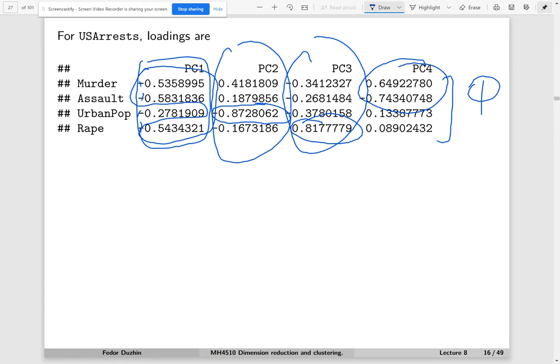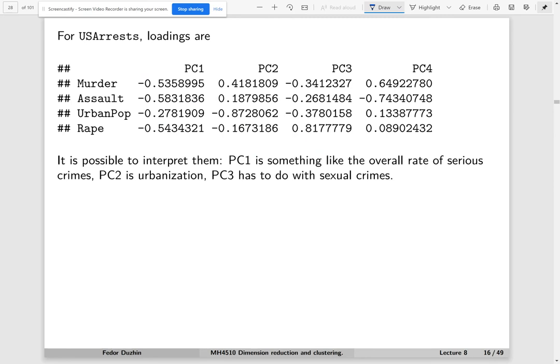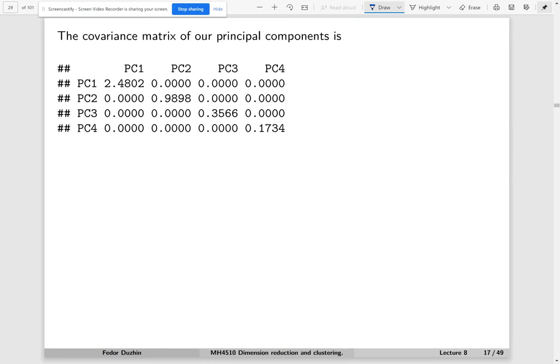I'm not sure, but my main point is that these principal components very often can be interpreted. You just look at the data and figure out whether it makes sense to interpret these principal components. Sometimes it is possible, and in this case it is possible, and very often it is the case. At least the first few principal components can be interpreted.